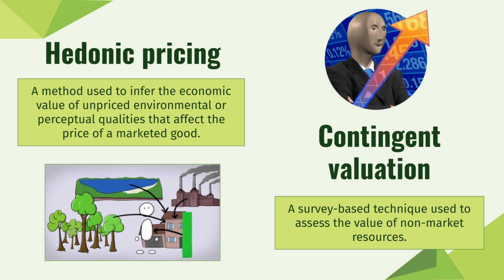For example, housing, where it would be based on where they want to live, or the environment around them would influence what type of house they would buy. Contingent valuation is basically self-explanatory, where it's based on surveys and statements themselves, not based on actions that they perform. And it's much easier to collect data.